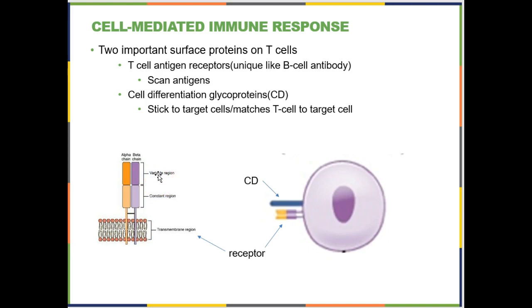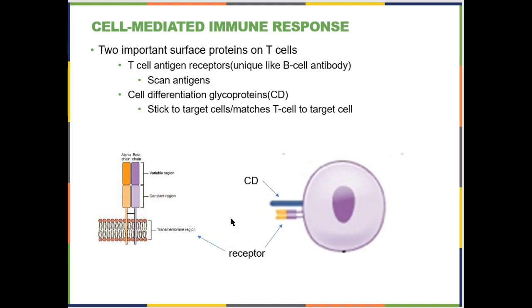That variability is generated by DNA recombination, or editing the DNA. So your B lymphocytes do the same thing, your T lymphocytes edit their DNA to generate this incredible diversity of T cell receptors. So the T cell receptor is just like an antibody.